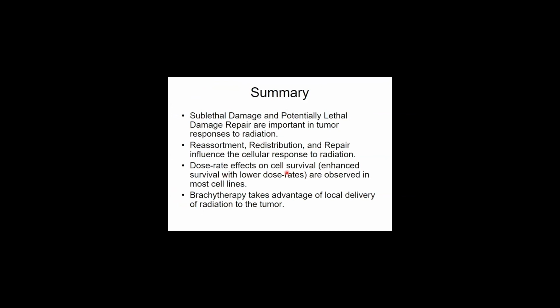We learned about reassortment in the cell cycle in the previous lecture. We learned about redistribution and repair here. Actually, this should be repopulation. That's a typo. Redistribution and reassortment are actually the same thing, redistribution in the cell cycle. There's a dose rate effect on cell survival. These are observed in most cell lines. And brachytherapy takes advantage of that local control.